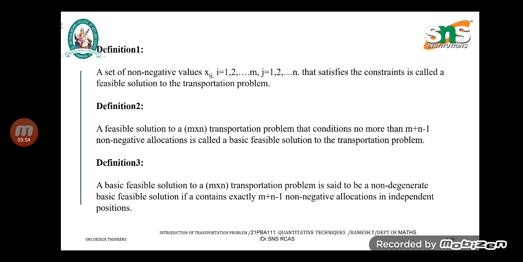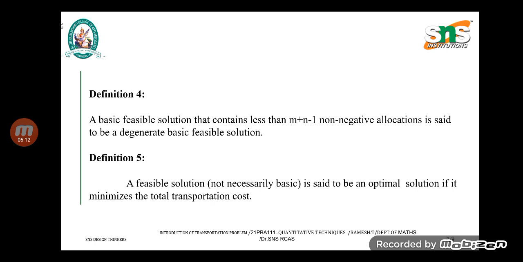Next one. A basic feasible solution to an m by n transportation problem is said to be a non-degenerate basic feasible solution if it contains exactly m plus n minus 1 non-negative allocations in independent positions. Next one.